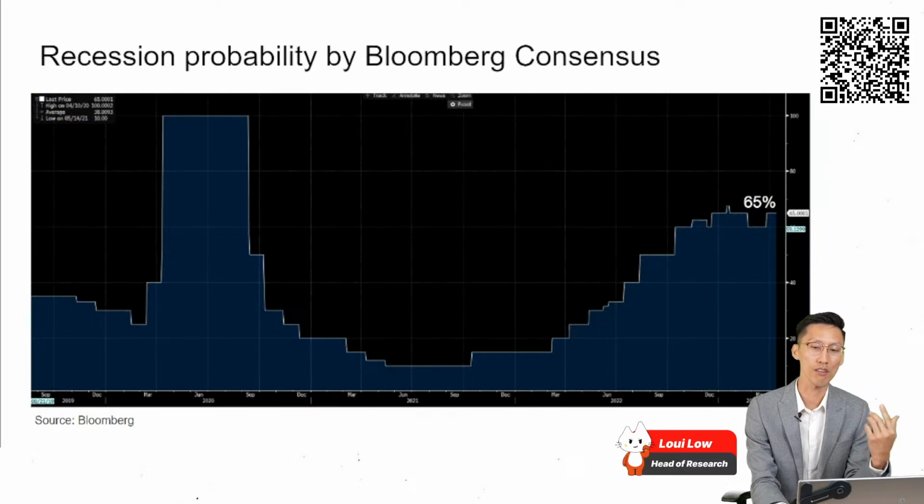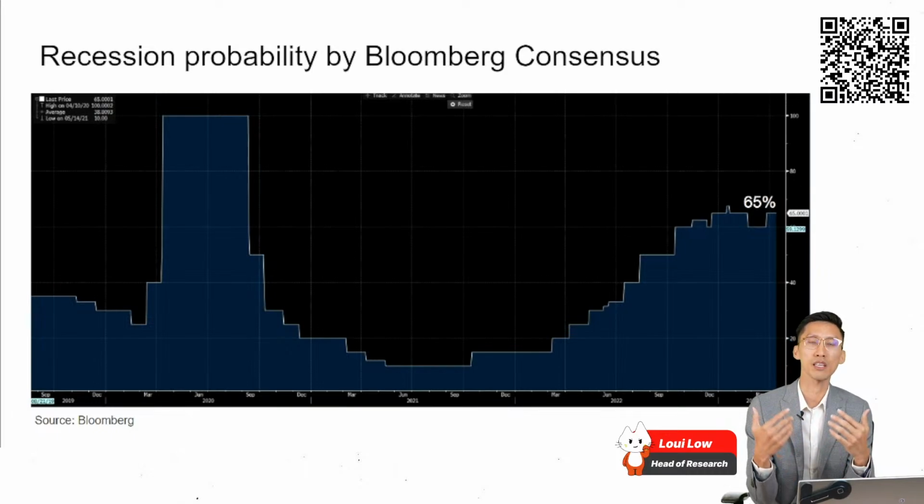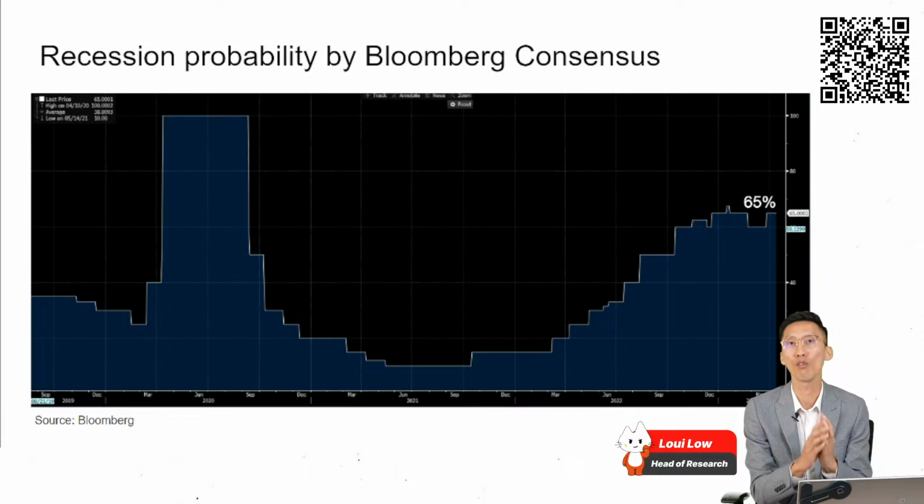And if you take note of this Bloomberg consensus here, it shows you that the economists out there have a cautious tone about the overall view that the potential economic activities in the US might fall into negative territory.